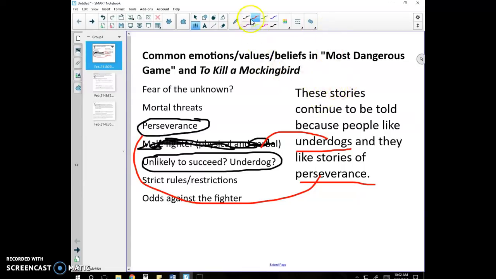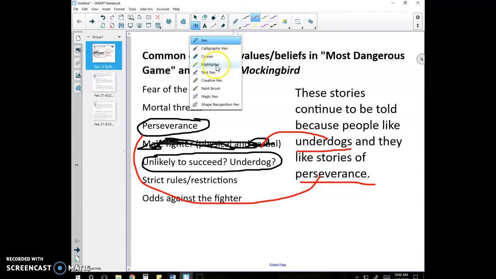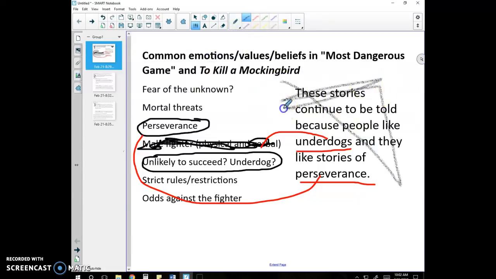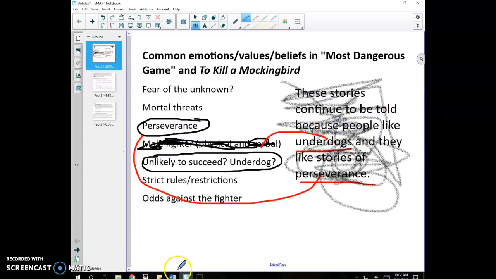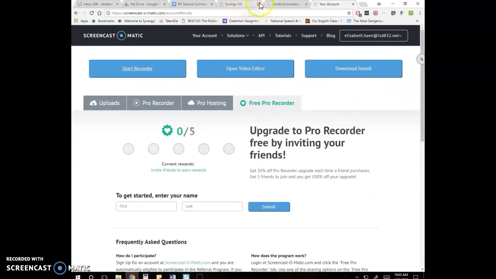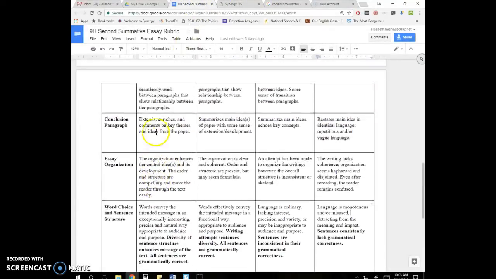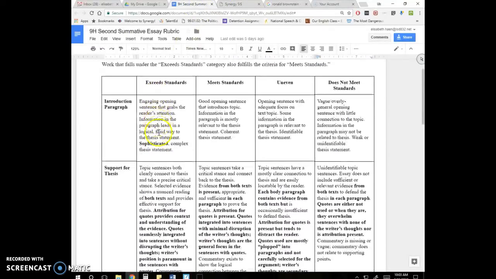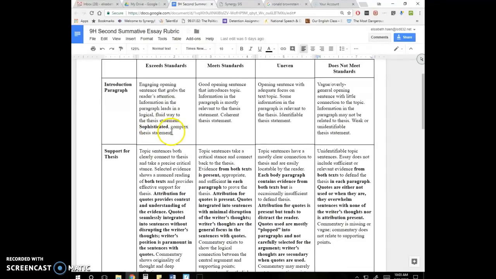So this is my beginning, but I definitely said no. Not good, and so I crossed this out, right? Because I don't want a Bing Bang Bongo. The rubric does say that my thesis needs to be sophisticated, complex, right? A Bing Bang Bongo is coherent, and sometimes it might be identifiable.